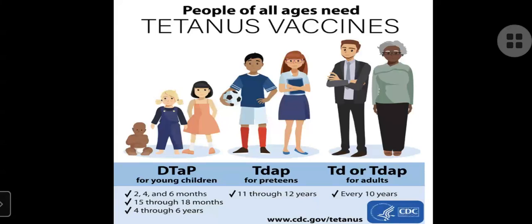This is just from the Centers for Disease Control. It shows the tetanus vaccine people of all ages can get: for the young ones, then for the preteens, and the adults who will receive a booster every 10 years.